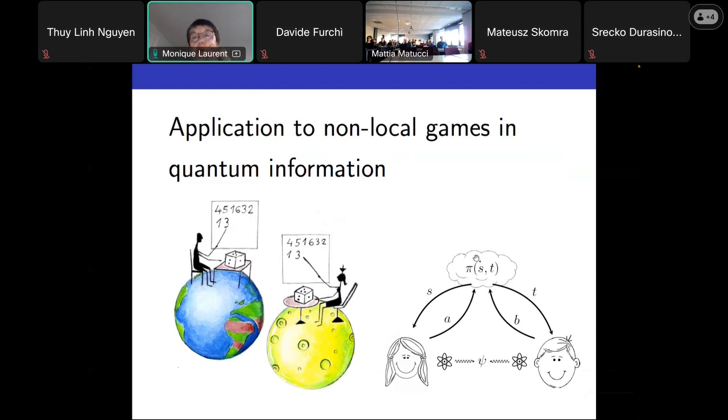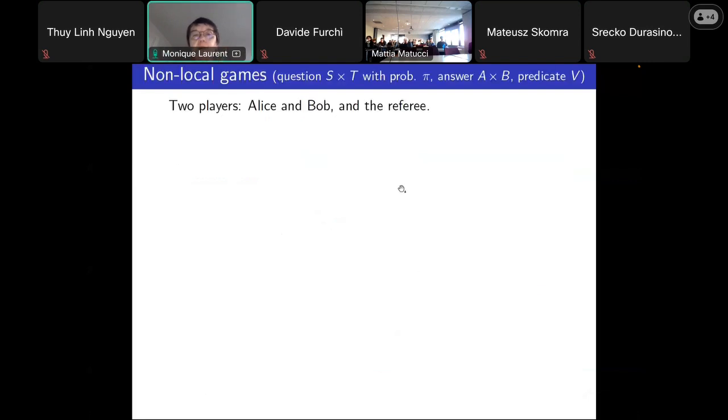Then the referee checks whether their answers are correct or not by looking at a predicate which defines the winning condition of the game. Alice and Bob may use a strategy which may be classical or quantum. When it is a quantum strategy, they use a so-called quantum state, psi, which is supposed to represent the quantum state shared between the two players. So this is a cartoon, and now I will present the definition in mathematical terms.